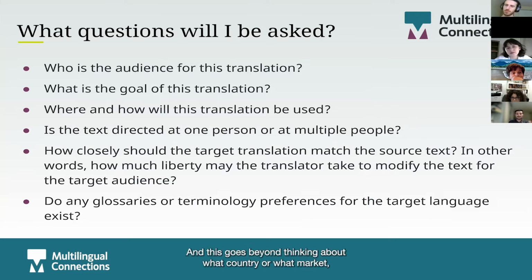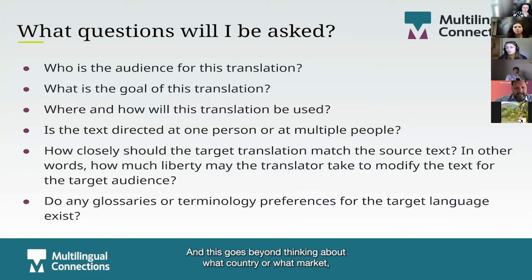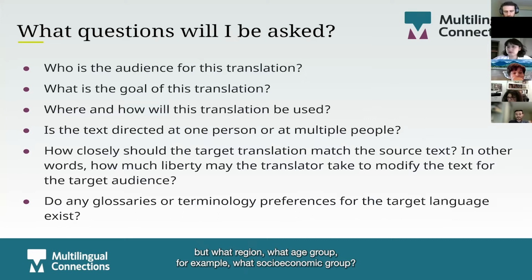And this goes beyond thinking about what country or what market, but what region, what age group, for example, what socioeconomic group. All of these sorts of details help the translator make the best tone and style decisions or formality decisions when they're translating.